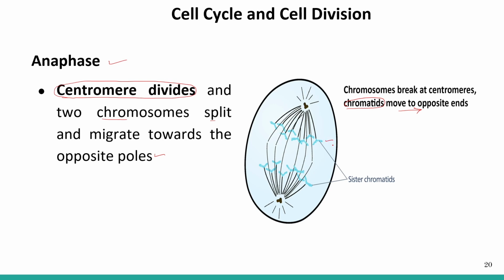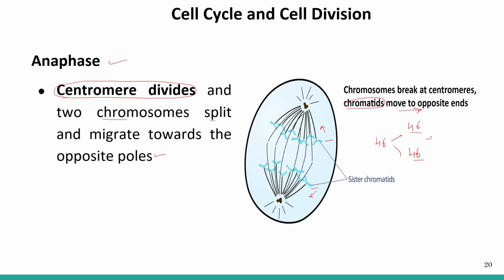You can see the sister chromatids are moving to the opposite poles. One is going this way and this one is going the opposite way. So if the organism contains 46 chromosomes, the centromere will divide and 46 chromatids will go on one side, whereas 46 chromatids will go on the other side.